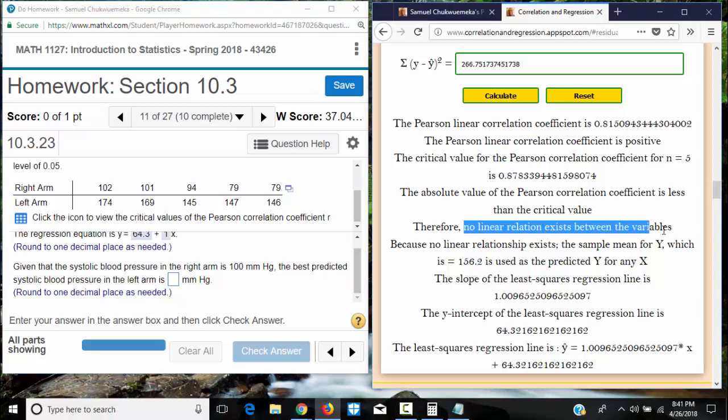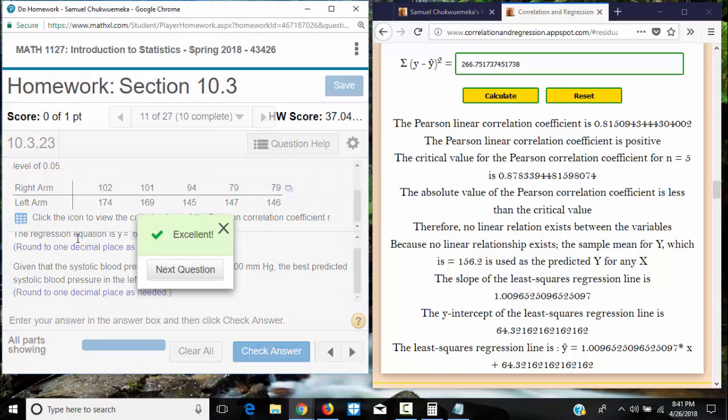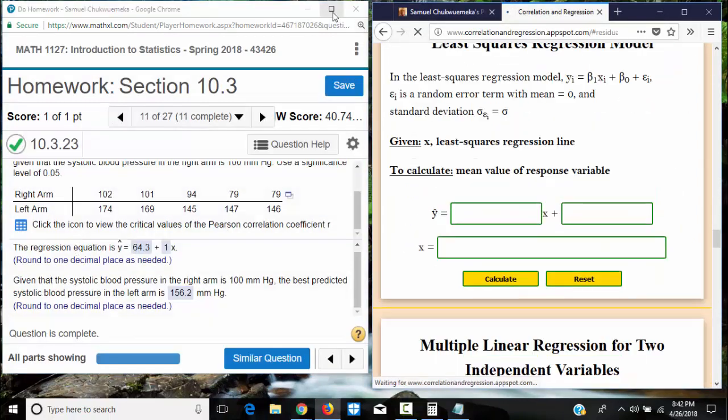No linear relation exists between the variables. So because no linear relation exists, the best predicted value would be 156.2. Okay, I'll refresh this.